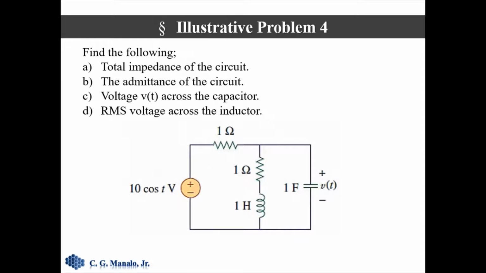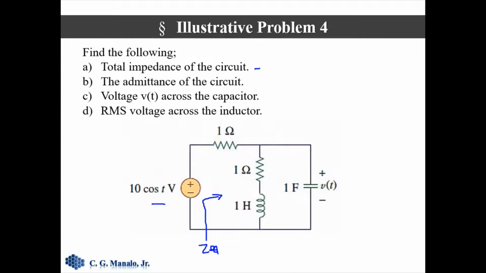So let us proceed to a slightly more challenging problem. Here we have a series parallel combination, and the first requirement is the total impedance of the circuit. This means we are required to compute the equivalent impedance looking at these terminals of the source.